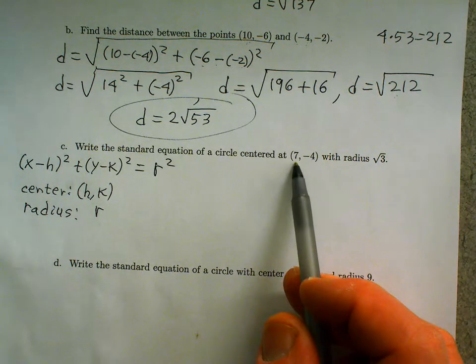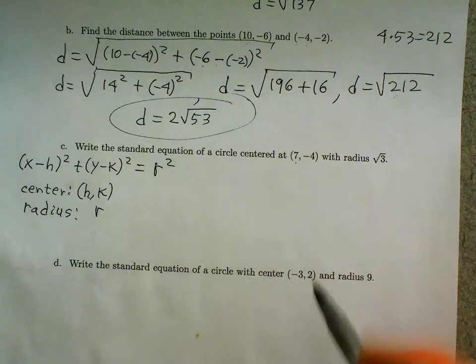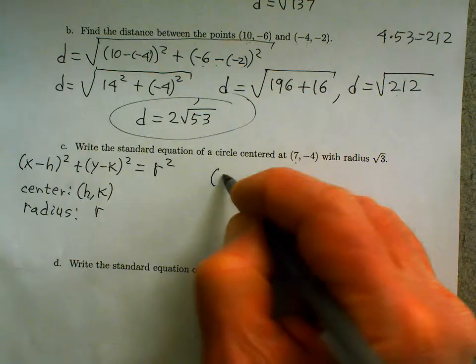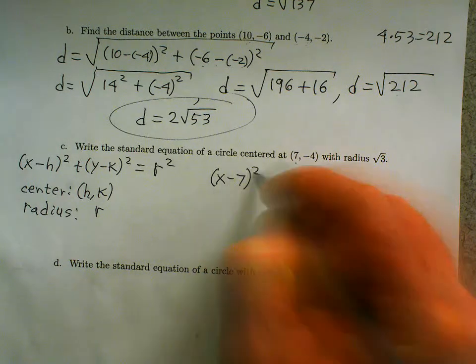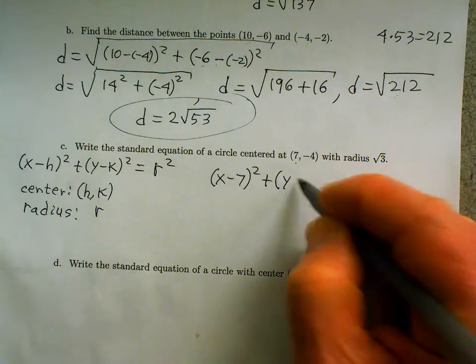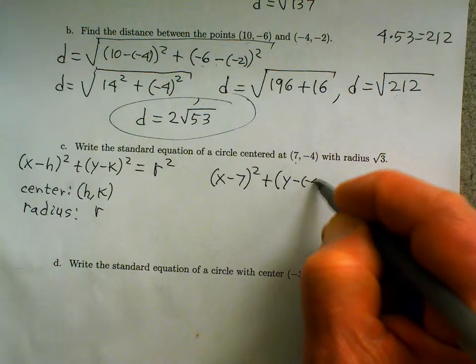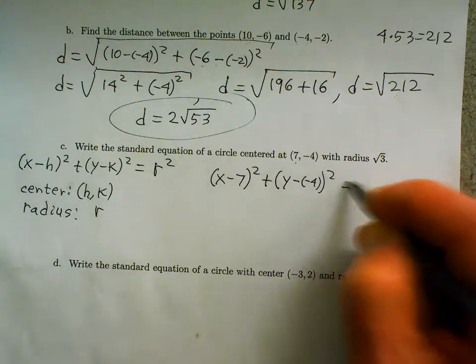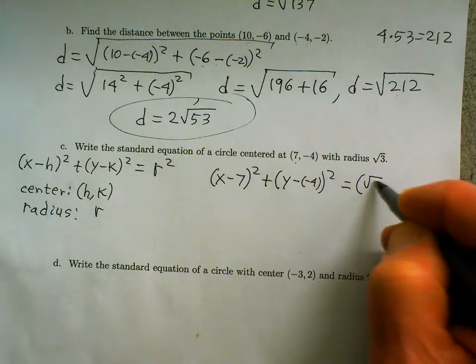Okay, so if the center is the ordered pair 7, negative 4, we just write x minus 7 quantity squared plus y minus negative 4 quantity squared equals the radius squared.